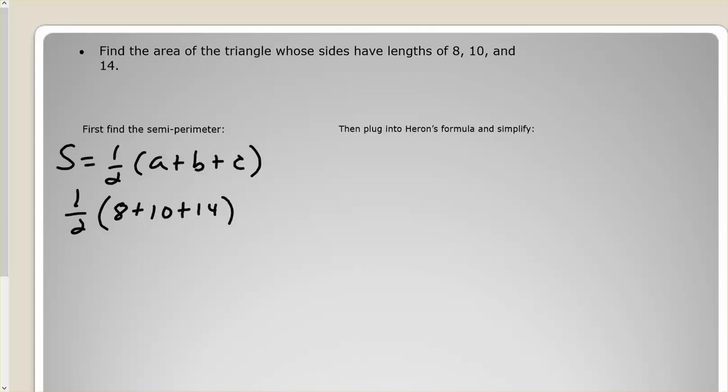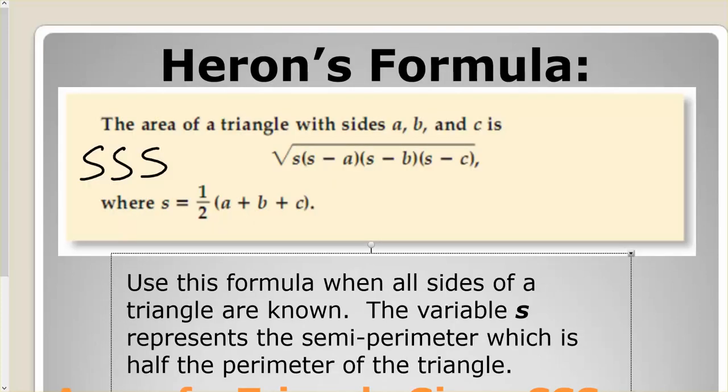What is 8 plus 10 plus 14? That's 32, and you take half of that. So your S is 16, right? That's your half perimeter. Now you plug it into Heron's formula, which you probably don't remember, was the square root of S times S minus A times S minus B times S minus C.